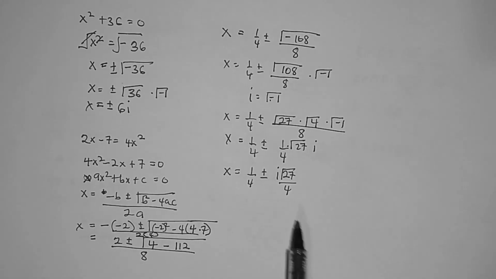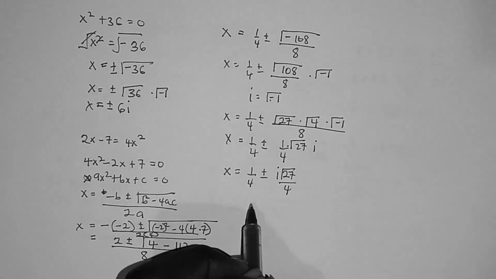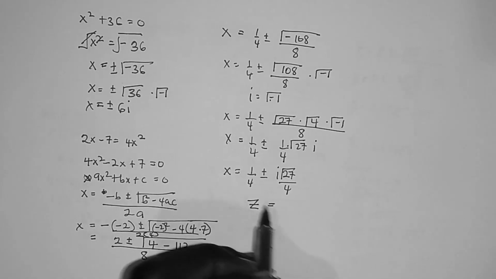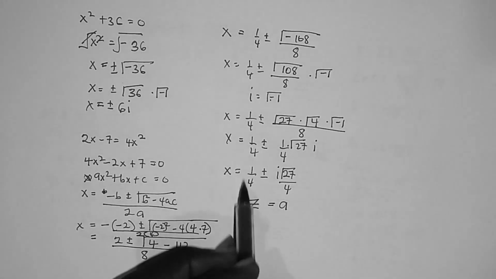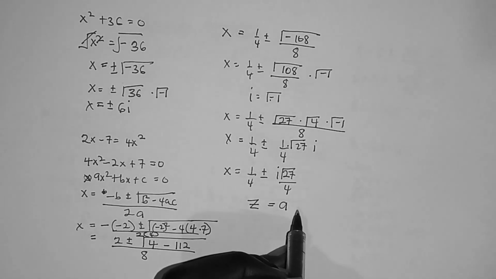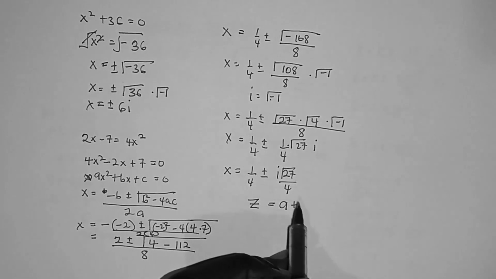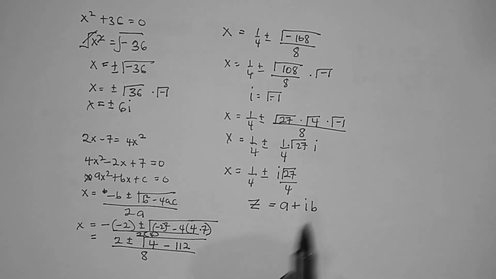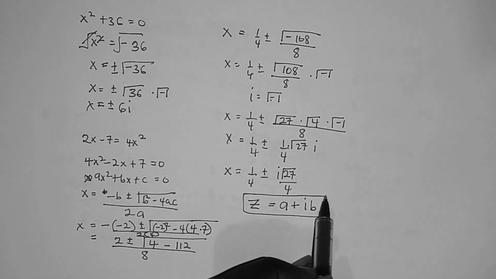You can see that in all the examples that we have done, the complex number z is in the form of a real number, like in this case, 1 over 4 is a real number, plus the imaginary part of the number, which is ib. Anytime you see a number of this form, then you are talking about a complex number.